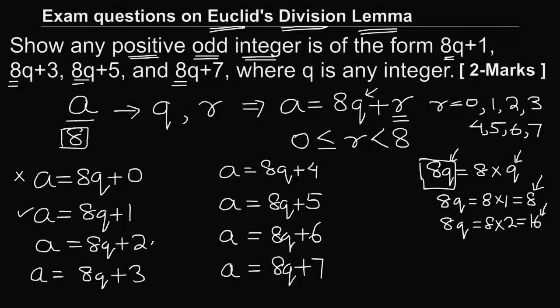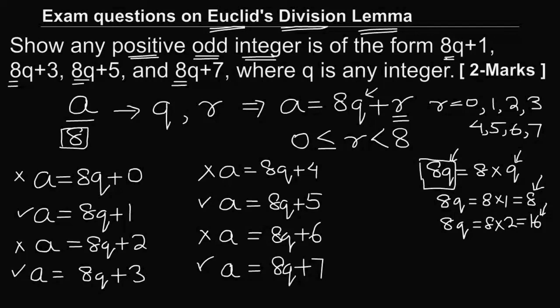Similarly, 8q plus 2 is even, that cannot be odd, so this will not work. The next one will work. 8q plus 4 is even, so this doesn't work. 8q plus 5, an even number plus an odd number is an odd number. This works. Similarly, this will not work, but this will work.